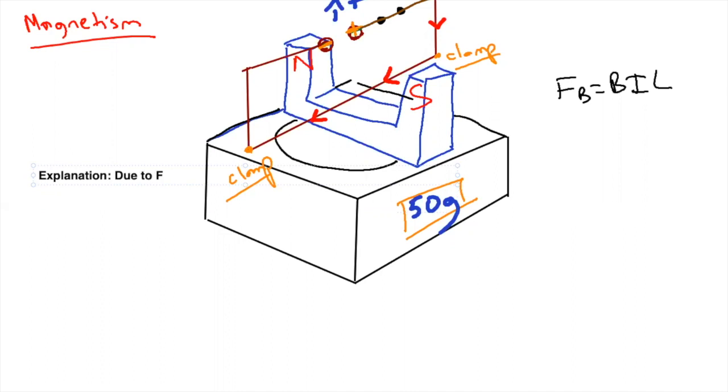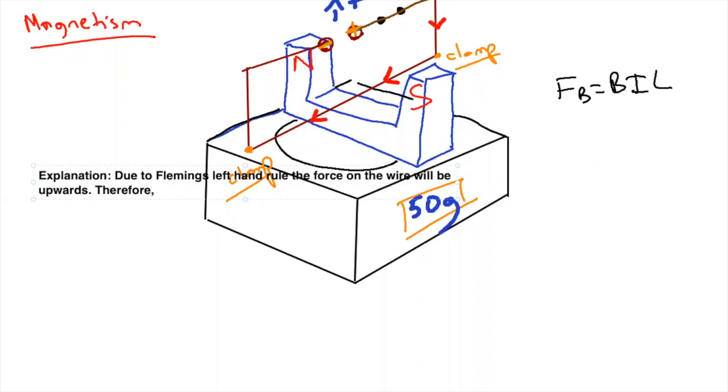Due to Fleming's left-hand rule, the force on the wire will be upwards.